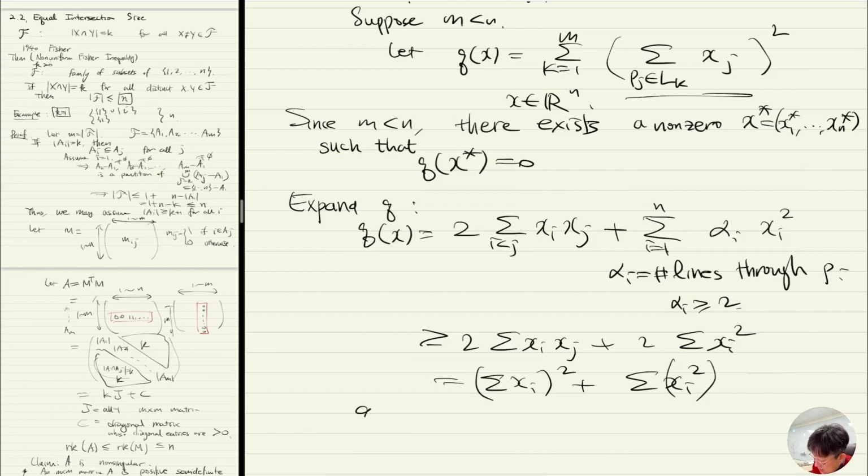That means Q(x star) cannot be 0 because x star is not a 0 vector. So this is non-zero. Contradiction. So that's another proof. I think essentially they are the same proof, but it's a short proof. All right.